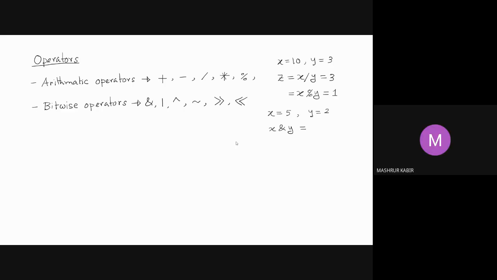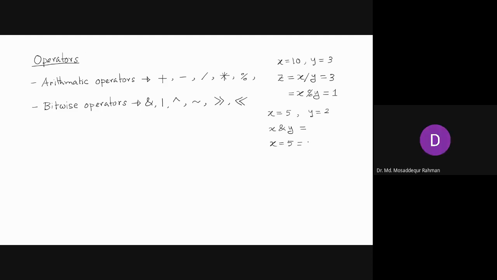Oh, sorry, the result would be a number. What will be that number? We'd have to first convert it into binary and then do the AND operation.